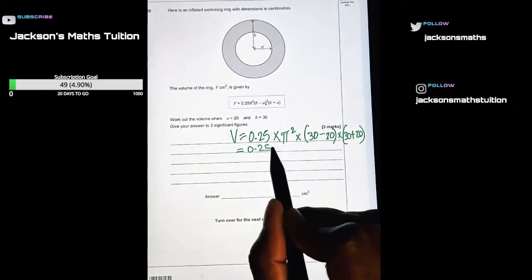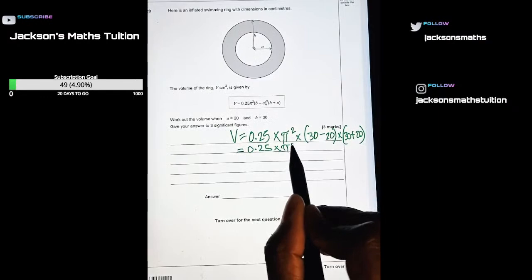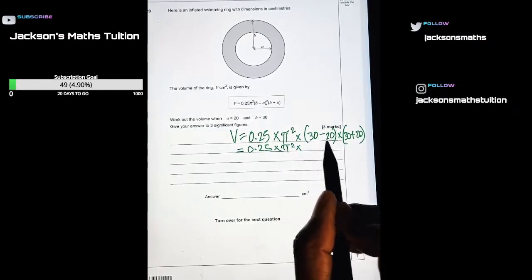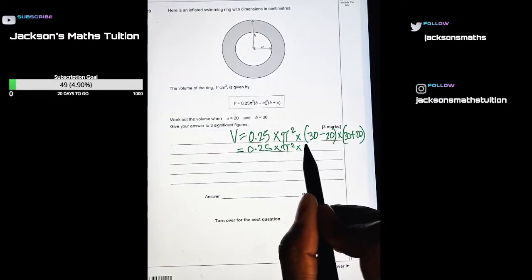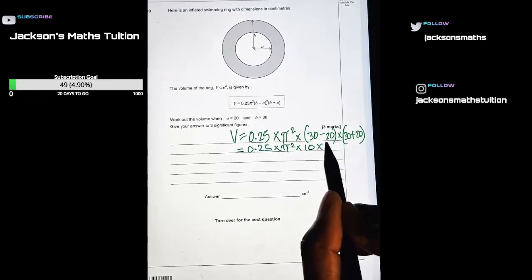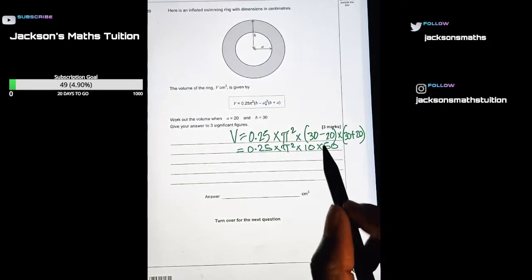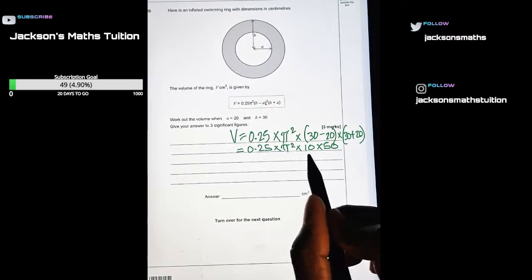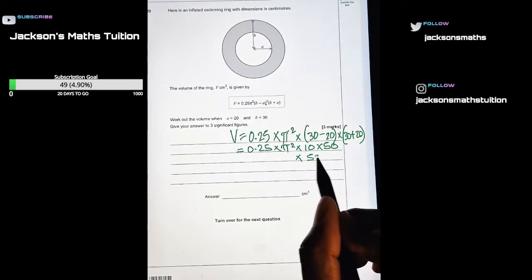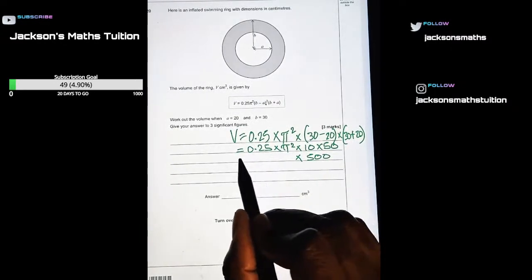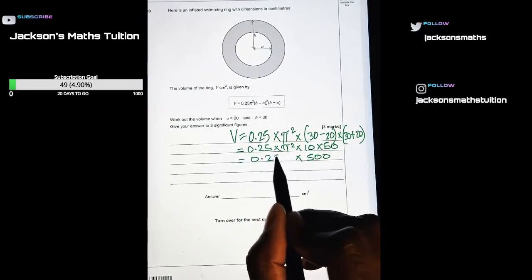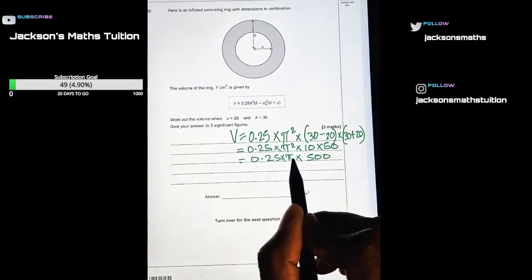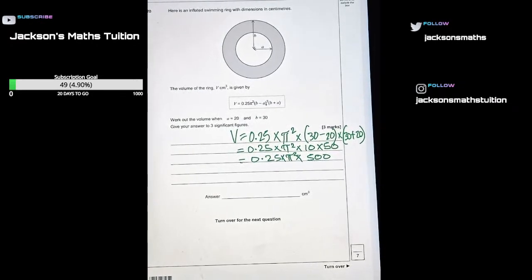So let's simplify that a bit further. 0.25 times pi squared times 10 times 50. Okay, so 10 times 50, that's going to be 500. So put that on the calculator, and that will give you your volume. You're going to round it to 3 significant figures.